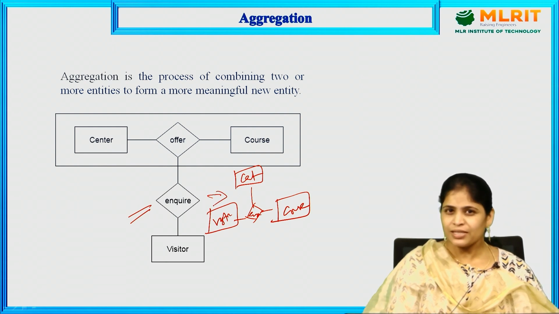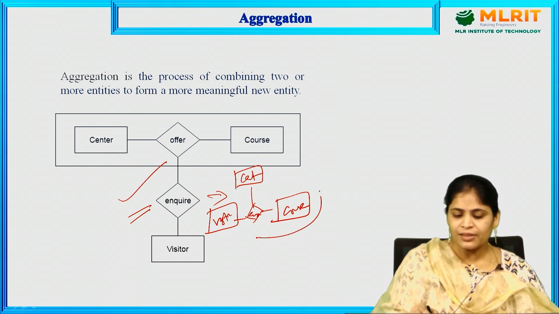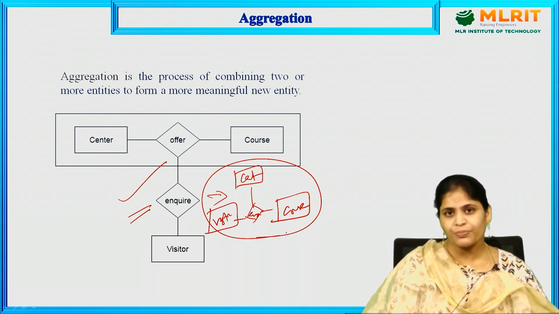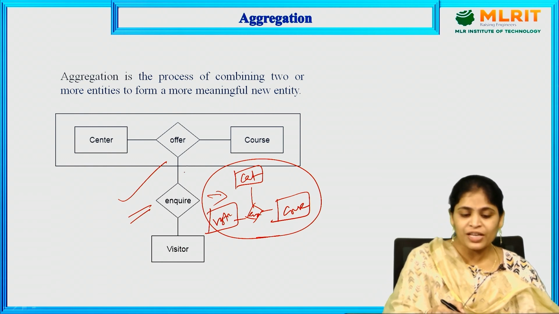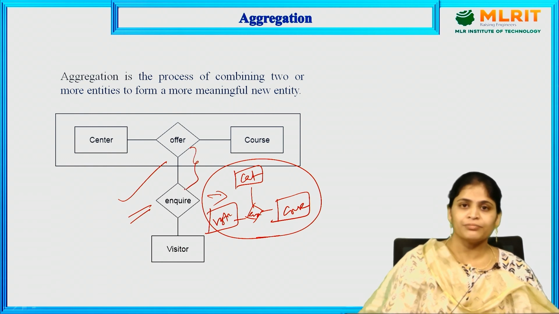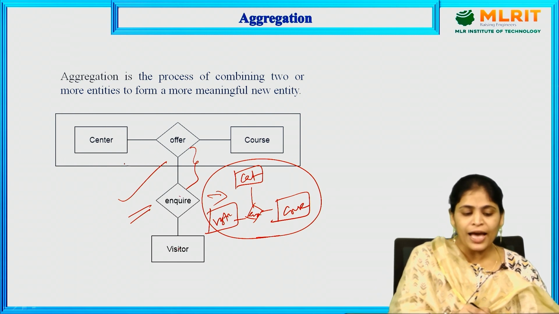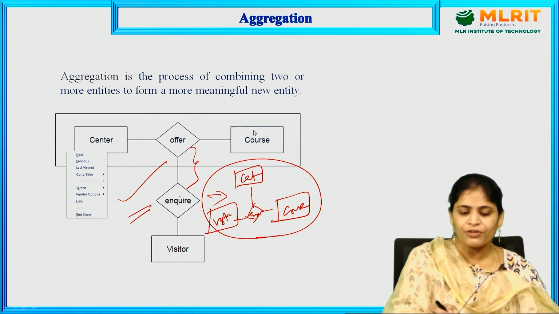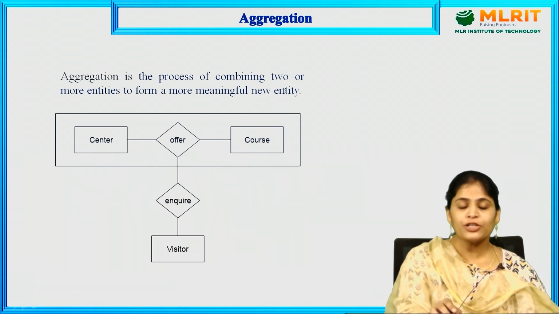But you can easily identify that this is more meaningful than considering the ternary relationship, right? Why? Because here we are able to connect the 2 relationships. Visitor enquires about the center who offers the course.